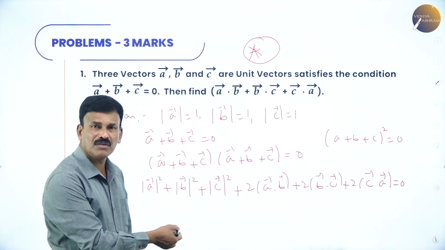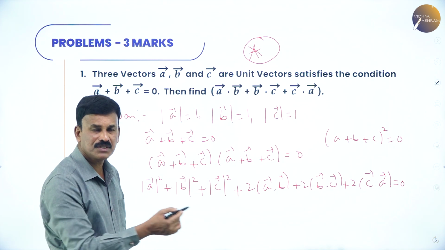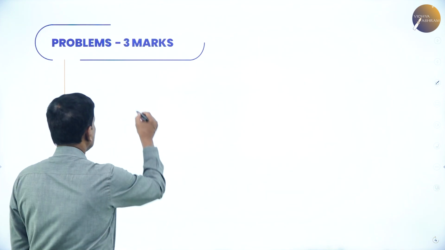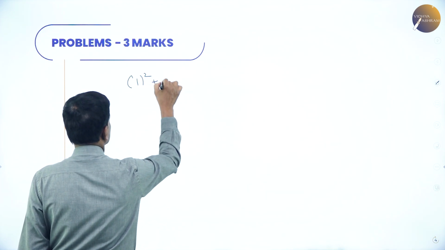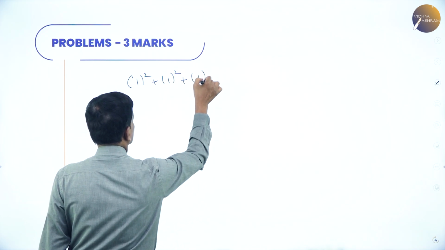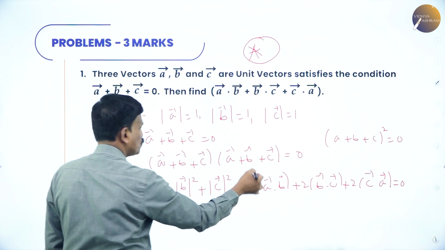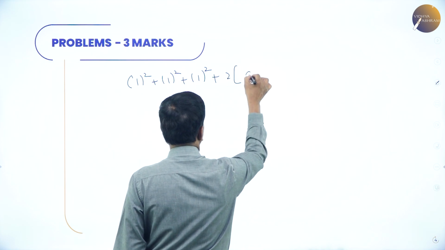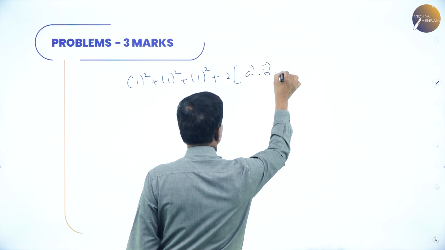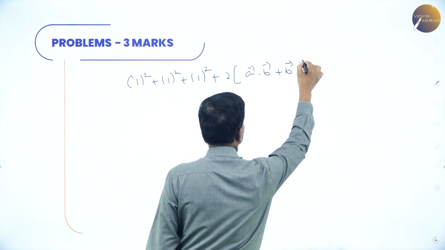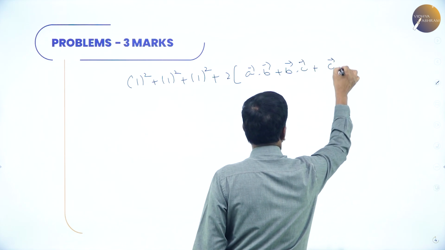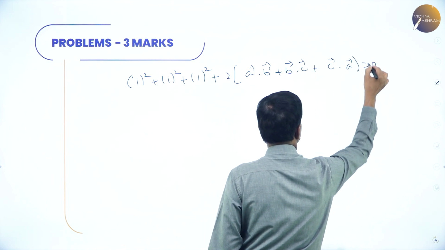Now just substitute the values of the length of A, length of B, length of C as 1, 1, 1. So you will get 1 square plus 1 square plus 1 square plus 2 times, taking 2 as a common factor, A dot B plus B dot C plus C dot A is equal to 0.